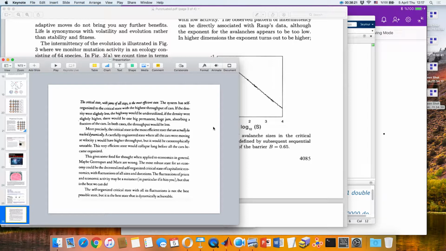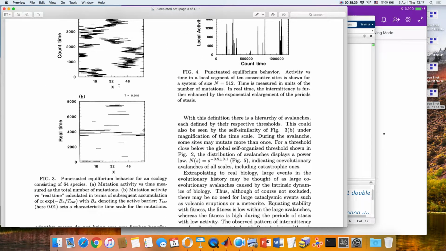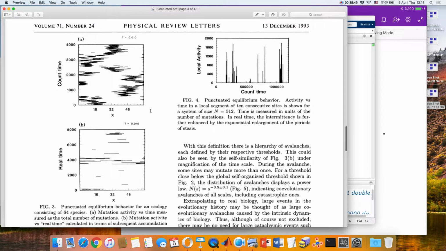You have a question. The pictures that you have shown in the paper, the two pictures about the state changes. Which paper? The evolution. Okay. Yeah, this one. Yes. So what were they showing actually? Okay. And what are the axes, right? Yes. So x-axis is the species. Which species? Like 1 to 64.